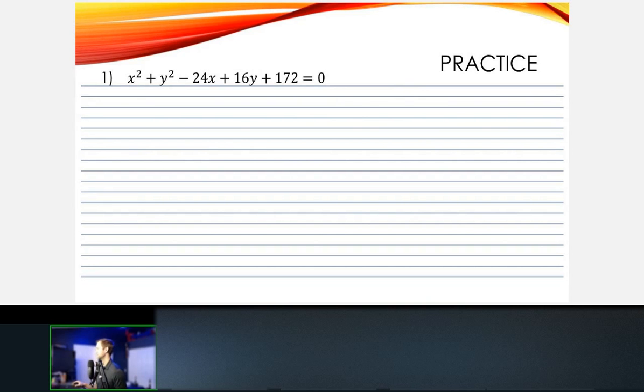Do you agree with Isabella's answer? Is the center 12 comma -8 and the radius 6? The center, yeah, I did something wrong on the radius.